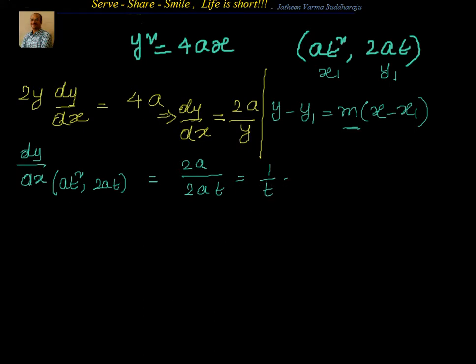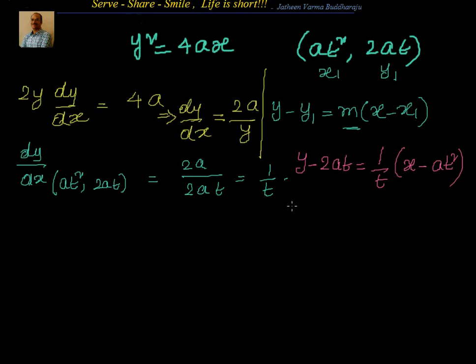Now once we know that, we can go back to our equation and substitute. y minus y1 is 2at, equal to m. We know that the slope of the tangent to the curve at this particular point is 1 by t, into x minus x1. x1 is at square.